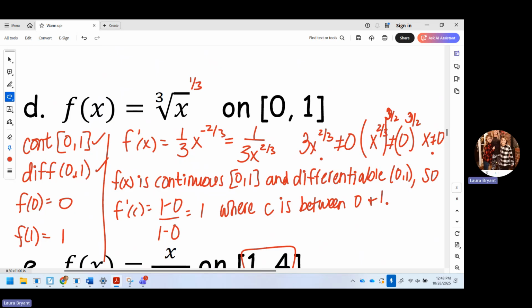And then the last part of this is I just solve my equation. I've got to take the derivative equal to 1 and solve it. I've already done my derivative. If I put that equal to 1, I multiply both sides by 3x to the 2/3.